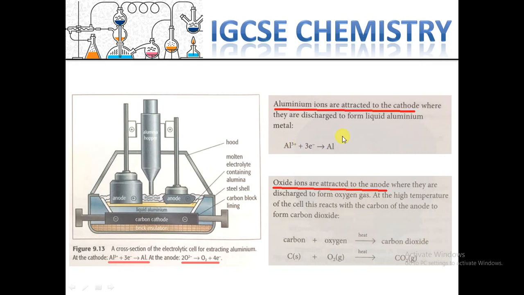So they convert to aluminum with a neutral charge. It's not positive and it's not negative. But first, the aluminum 3 positive cation needs to go to the carbon cathode to receive electrons, and then becomes aluminum.